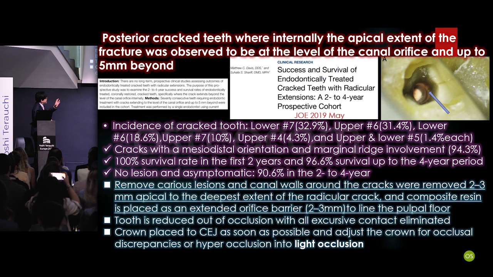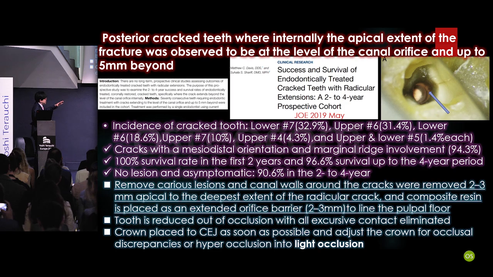So whenever you see the vertical fracture, what I do is this. It's complicated, so let me simplify the procedure. Whenever you see the vertical root fracture, what I do is remove the vertical fracture, then I place composite in the coronal 1/3, and I reduce the occlusion. And also, not completely.